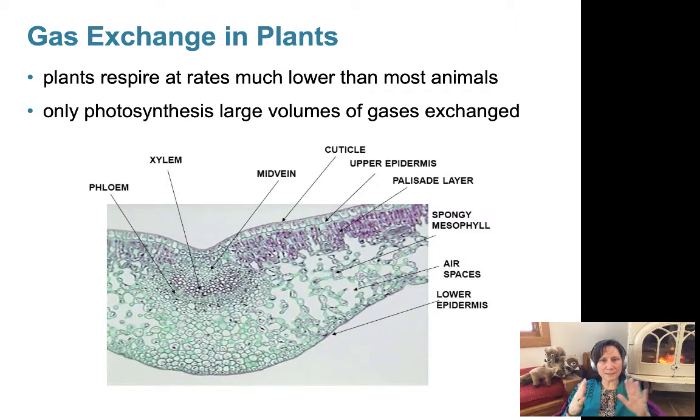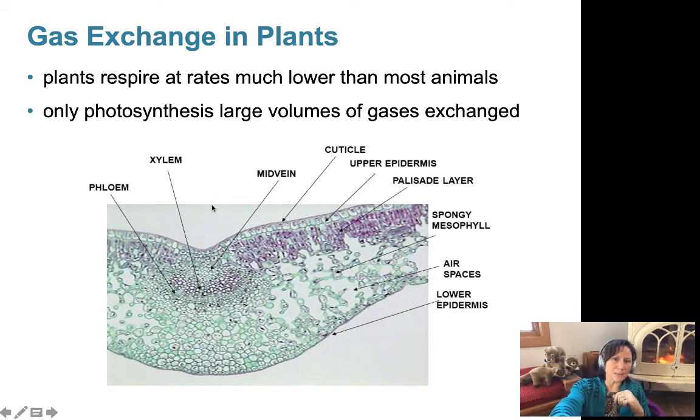With respect to plants, what we're looking at here is a cross-section through a leaf. One thing that maybe should jump out at you is that, now mind you, this is magnified. I don't know at what size, but I'm going to hazard a guess this is probably at 40. In any case, even though the leaf is quite small, you can see that there are several cell layers between one side of the leaf to the other.